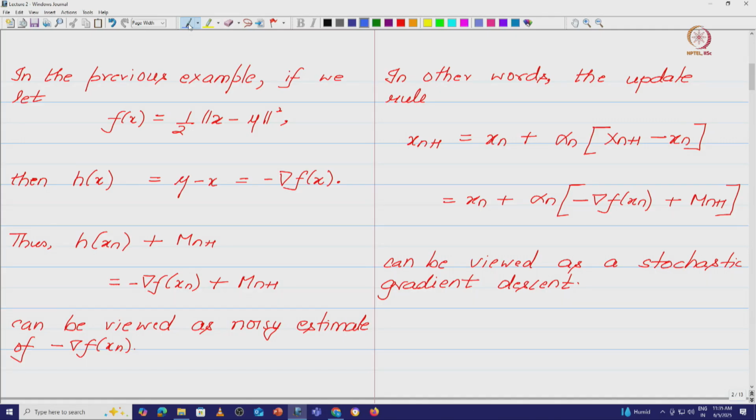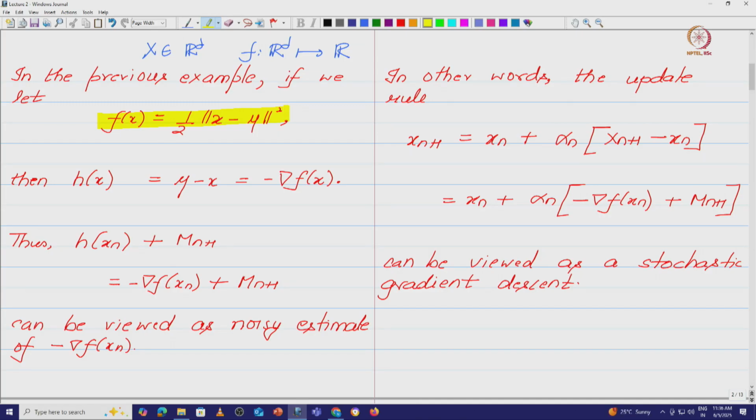So what we are imagining is that x is a d-dimensional random variable and f is a map from R^d to R, which is given by this expression. Now in the previous slide we saw that h(x) equals mu minus x, and this expression can be viewed as the negative of the gradient of this function f, which is given above, right?